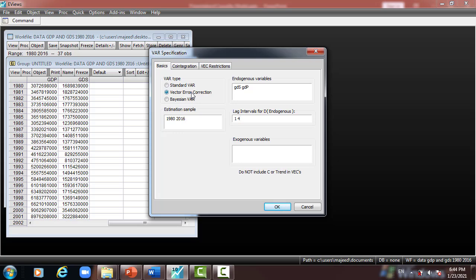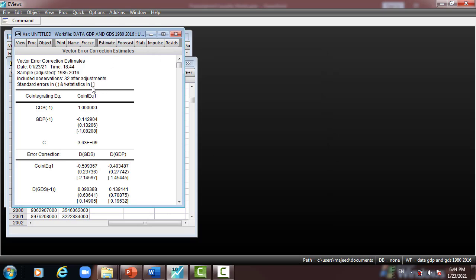Just click OK, and you get the output of the vector error correction model as we explained before. This is the long-run cointegrating equation 1, from which we derive the error correction terms, ECT, EC1 lag 1 and EC2 lag 1. We take the residual, put it as a lag, and then run the vector error correction model.